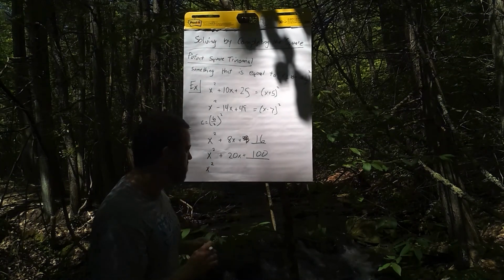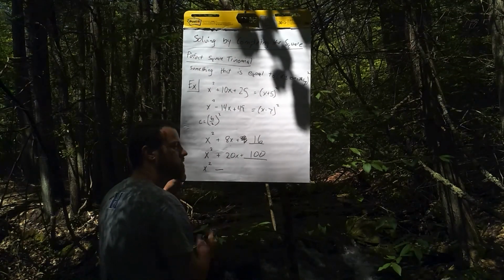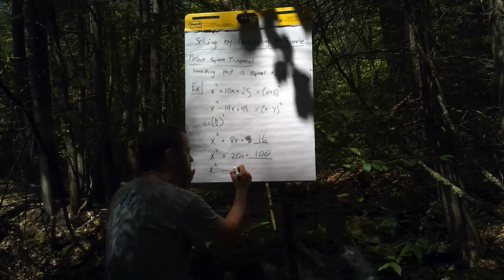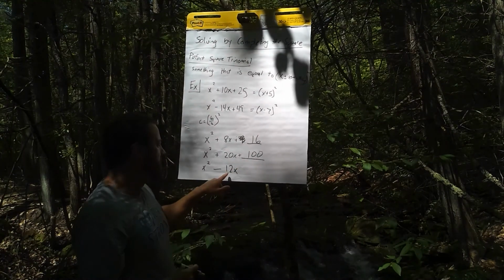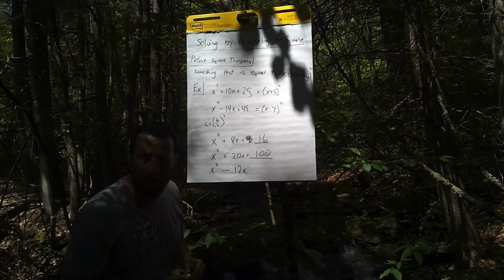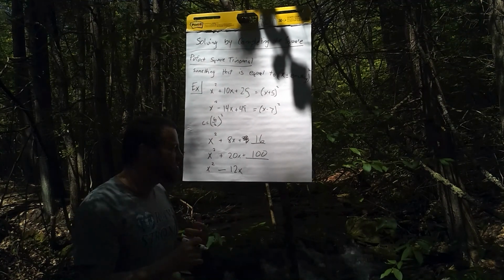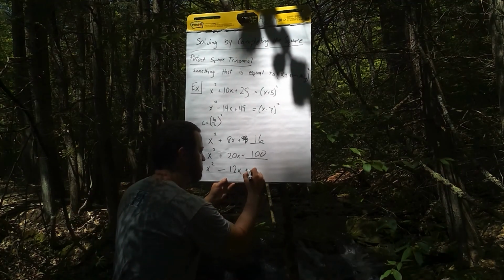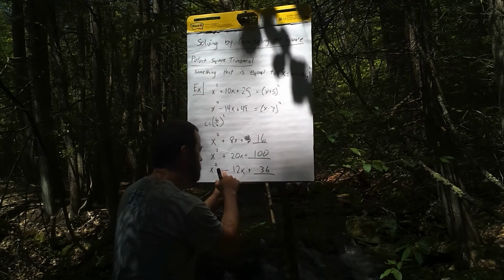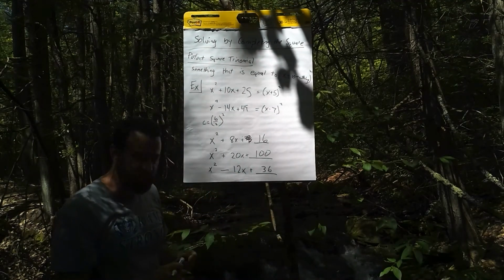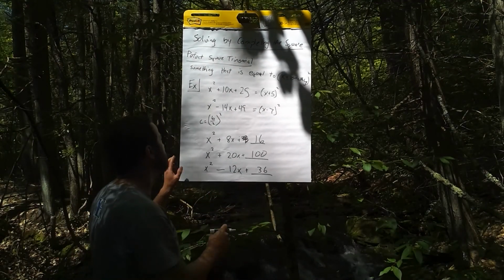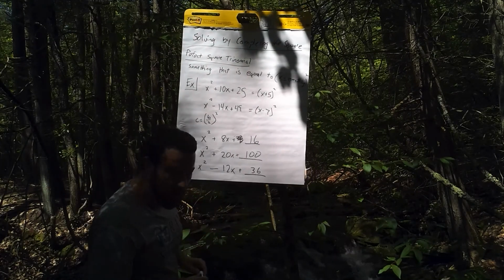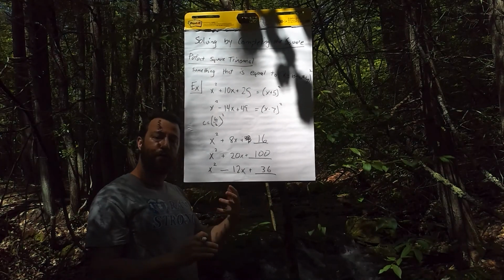Let's do one more. Let's try half of negative 12 is negative 6, squared is 36. Again, it's going to be positive because even a negative squared is a positive number. All right, that's our first example.